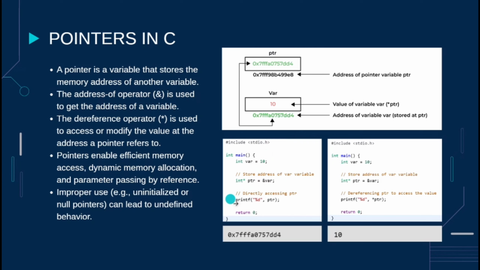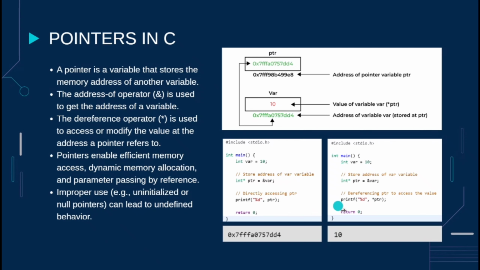So now when you try to access, that is when you try to print PTR, you get the value that is stored in PTR, which is basically the address of the variable VAR. So this value gets printed. And at the same time, you also have a dereference operator, which can access or modify the value which is present at the address a pointer refers to.